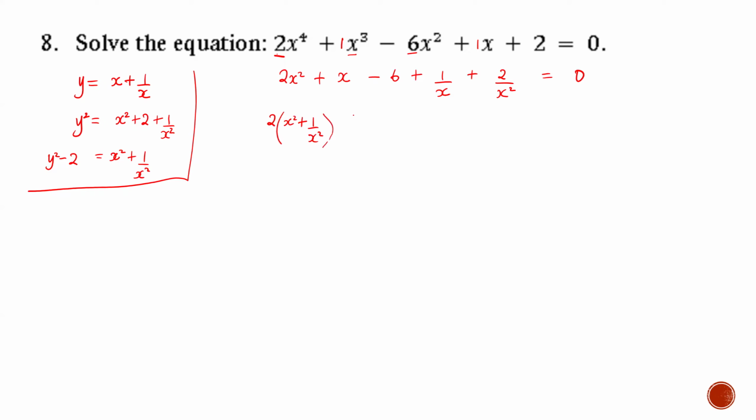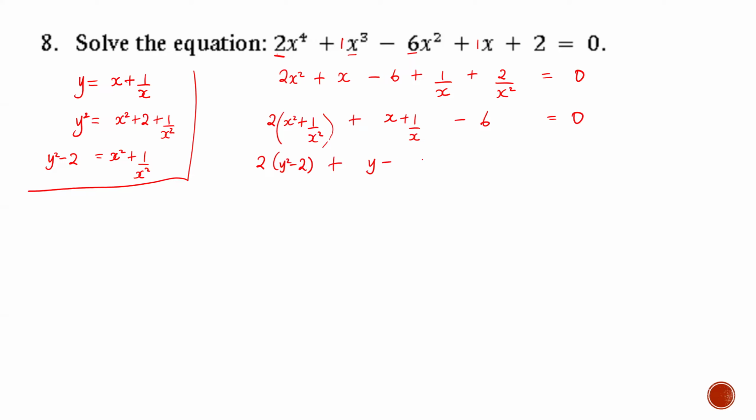And then I have x plus 1 over x in there as well, and then minus 6 is equal to 0. So this reduces it sweetly to twice y squared minus 2. Again, we had already prepared for that right here on the left.